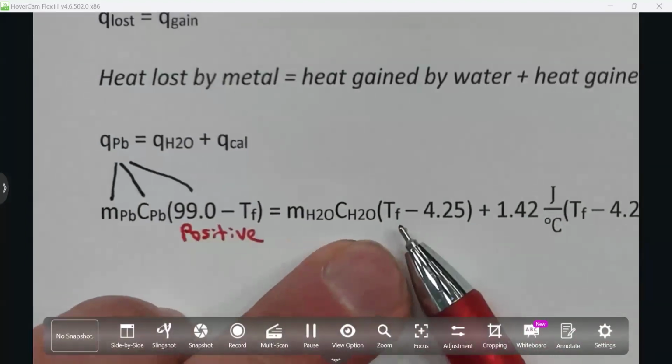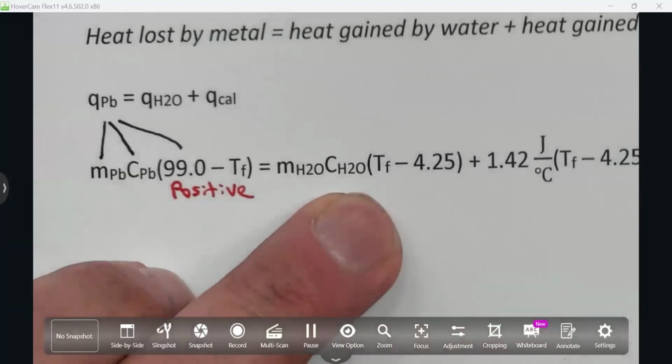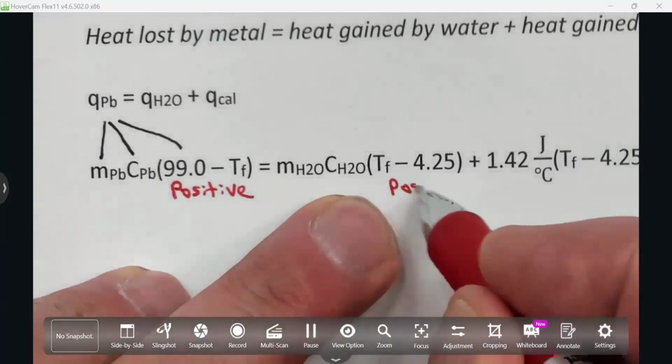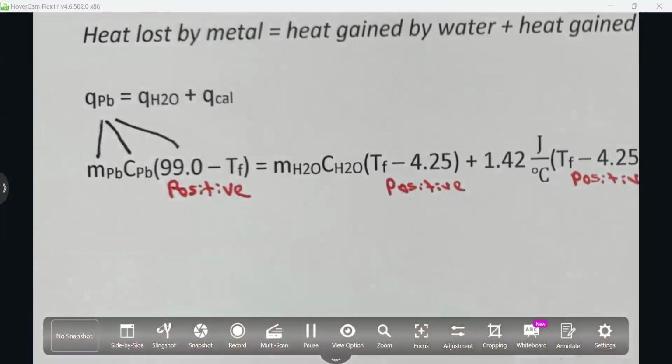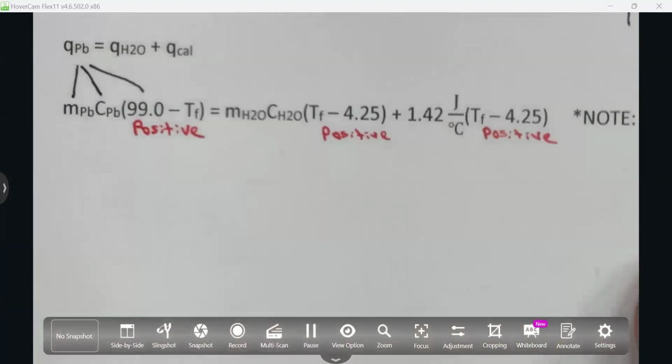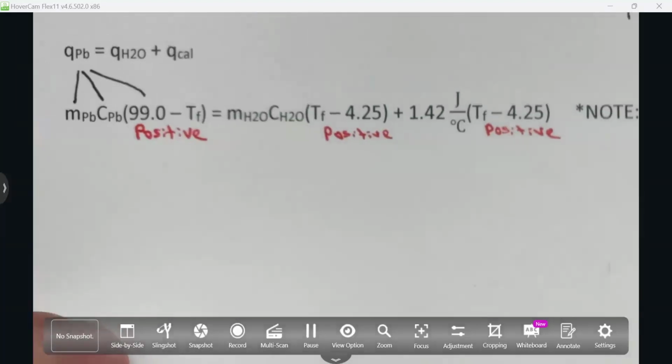I know that the temperature of the water at the final temperature is going to be more than 4.25. Again, this is going to be positive, and this is going to be positive. So make your temperature change quantities positive. Okay, so we're gonna crank this thing out next time we meet.